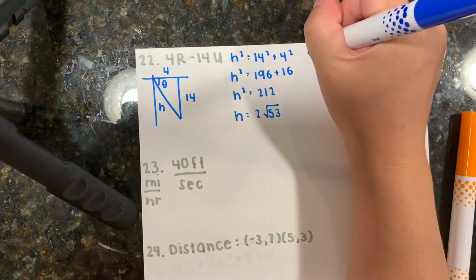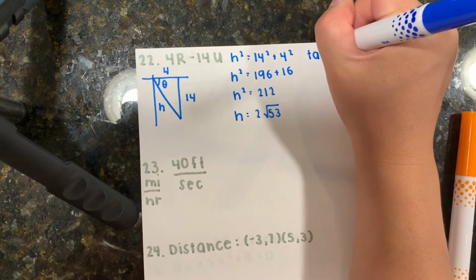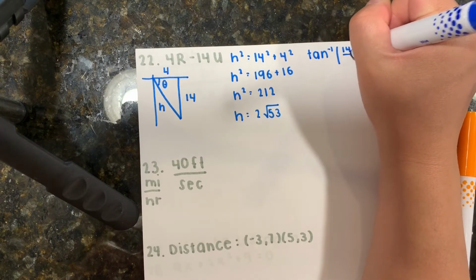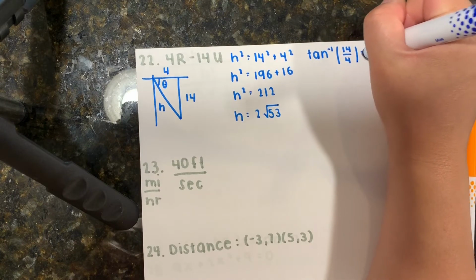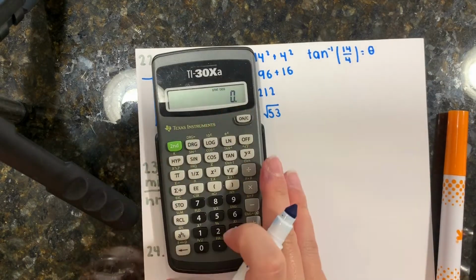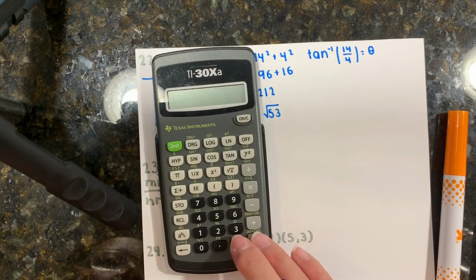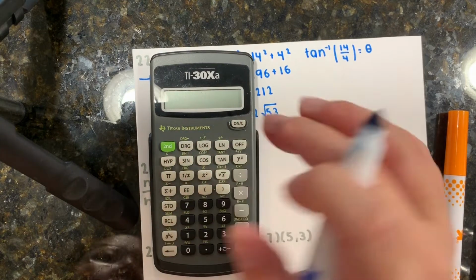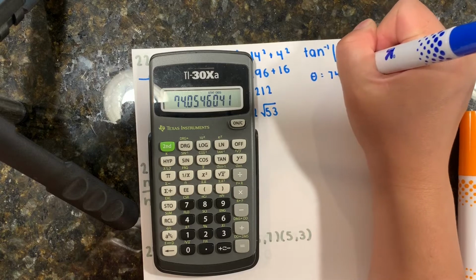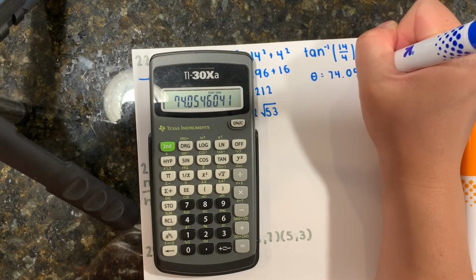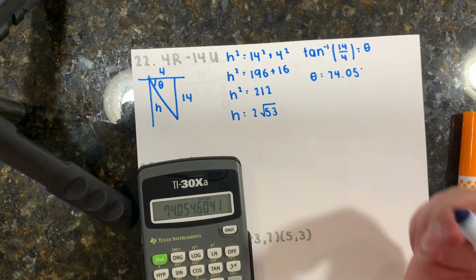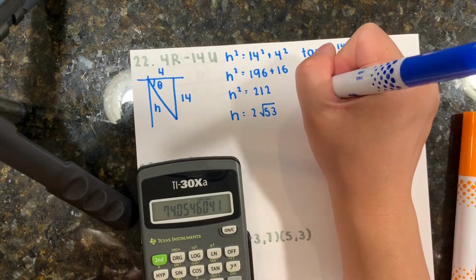Now you use inverse tangent to solve for the angle and do opposite over adjacent. In your calculator, that's 14 divided by 4 equals, and then second tangent gives me an angle of 74.05, but I do need to recognize that it's in quadrant 4, so I'm going to subtract that from 360.